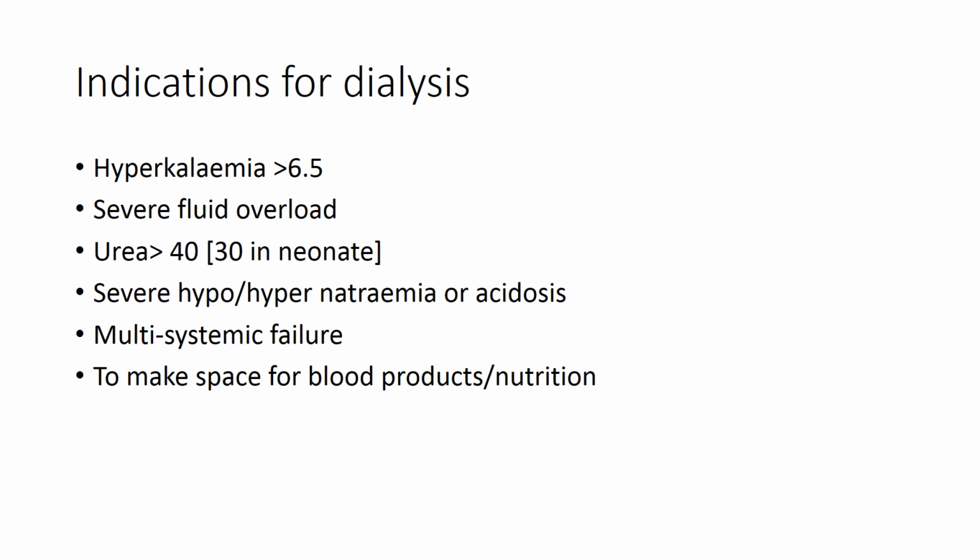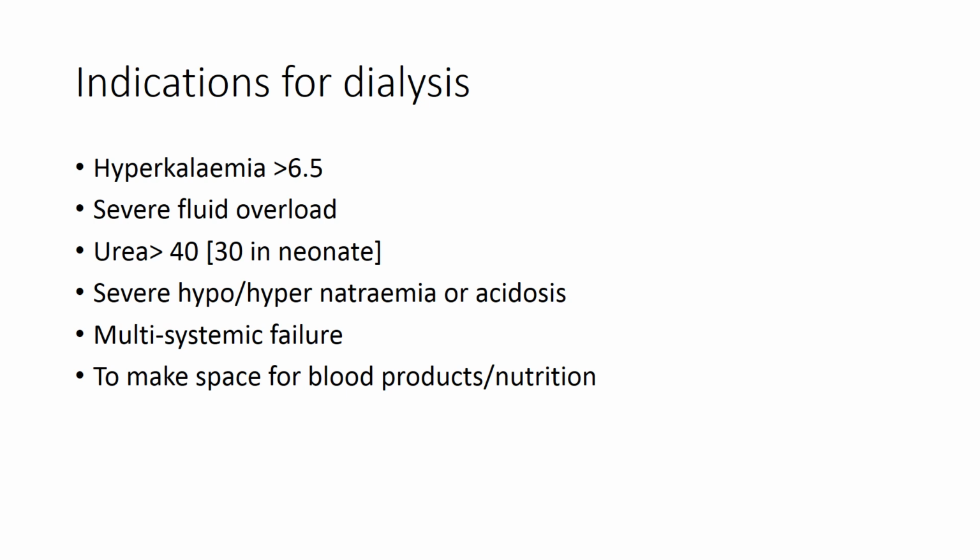Then patients requiring blood products, because we know that when we give blood products, that constitutes giving volume to these fluid restricted patients, so therefore they are at increased risk of developing pulmonary edema, and so we would want to dialyze them.